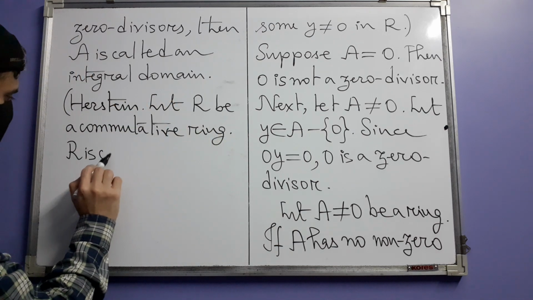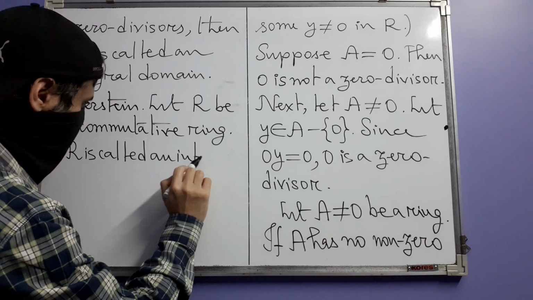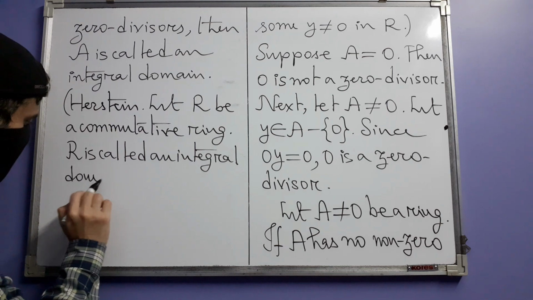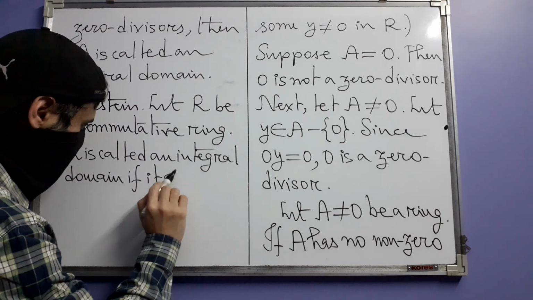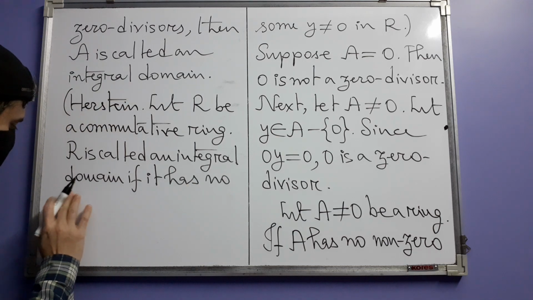R is called an integral domain if it has absolutely no zero divisors.